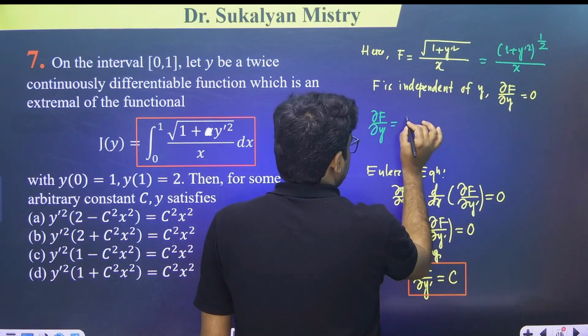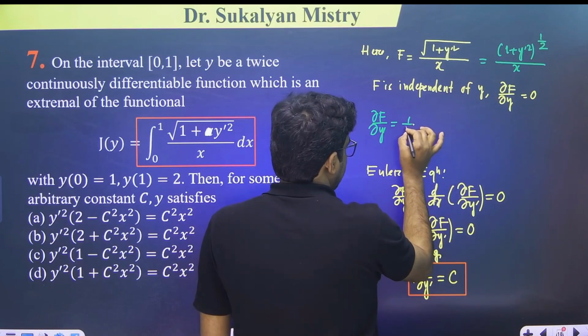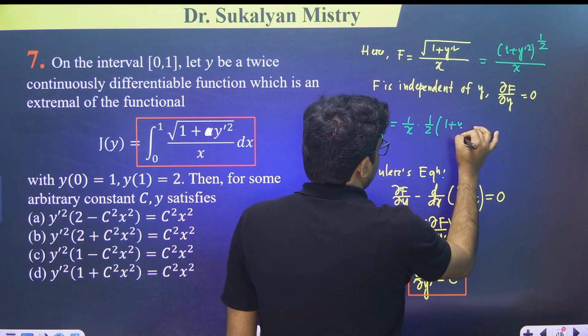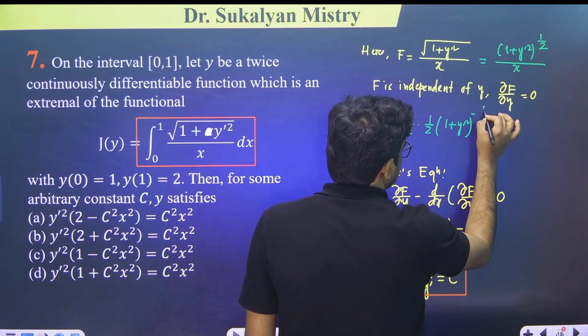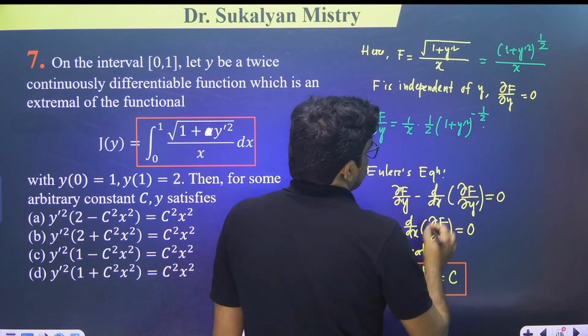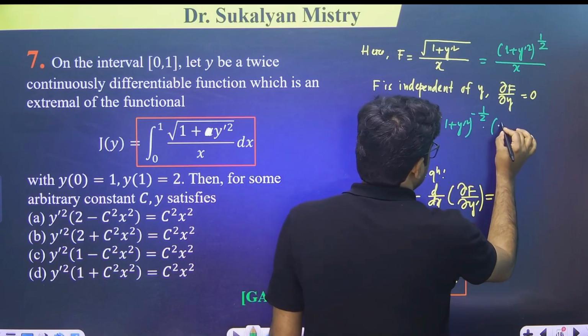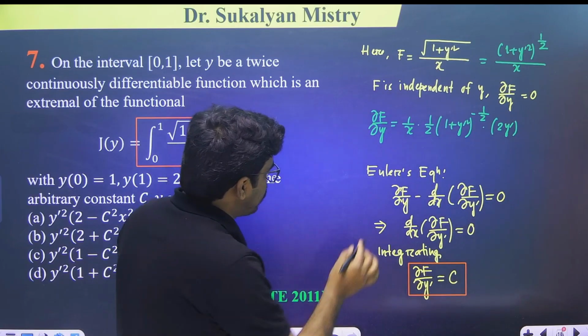Differentiating with respect to y', x is constant. So n (1 + y'^2)^(1/2 - 1), that is minus 1/2, into the derivative of this, that means 2y'. Okay, so ultimately 2 cancels.